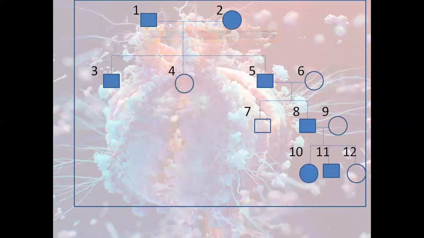Yes, let's move to Cynthia. What do you think? Is the allele of the disease dominant or recessive? The ones in blue are the affected, and the ones in white are the normal.